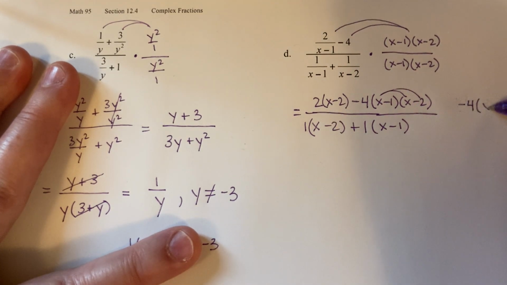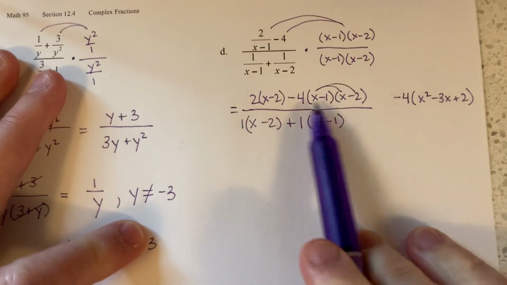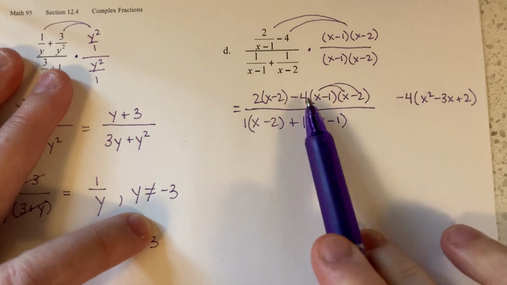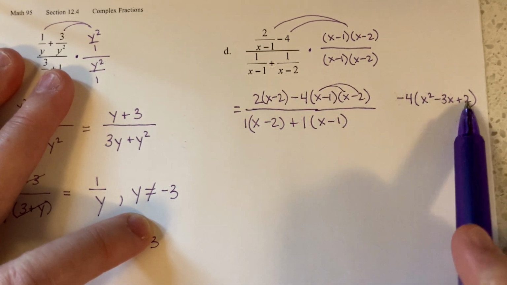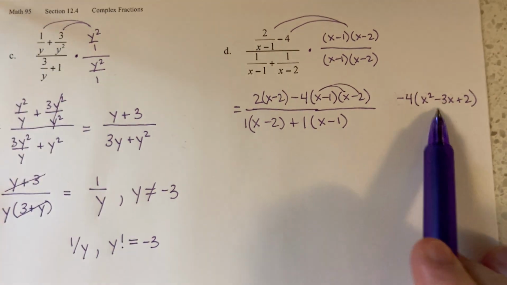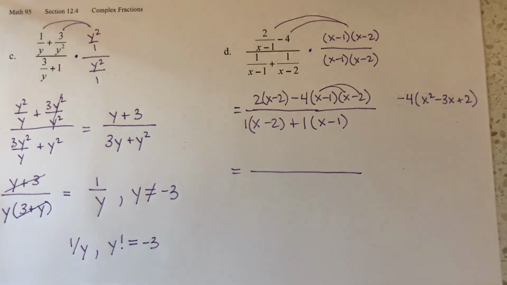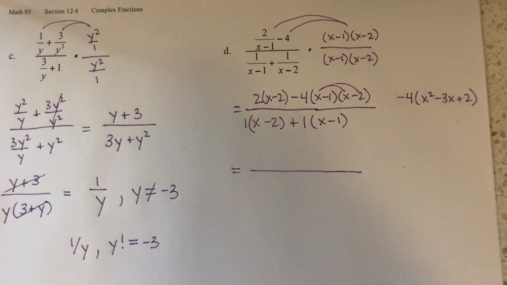So negative 4 times x squared minus 3x plus 2. Just doing that FOIL ahead of time, now the negative 4 is going to have to distribute inside of all that. Writing that off to the side will save us a little work here, but still a lot of distributing.